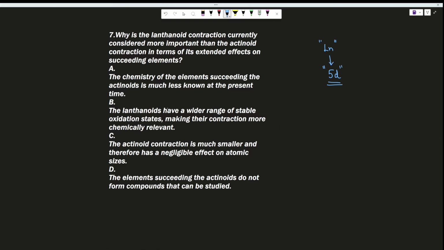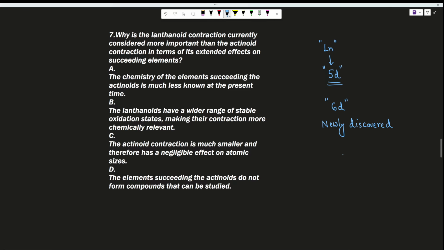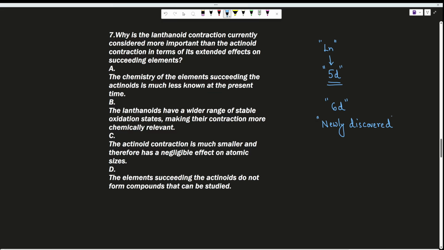But when you consider actinoid contraction, after the actinoids we have the 6d series, but those elements are newly discovered, and hence the reactions of all those newly discovered elements are not completely studied yet.